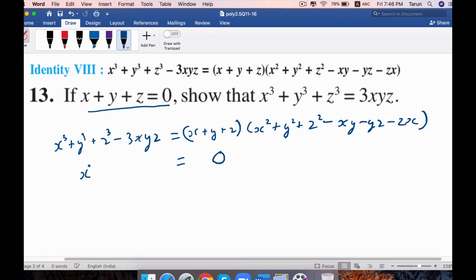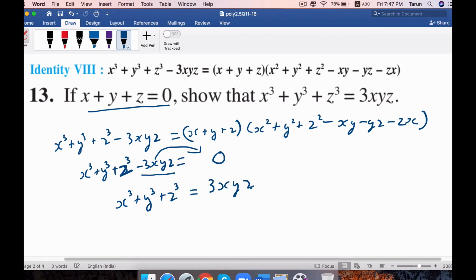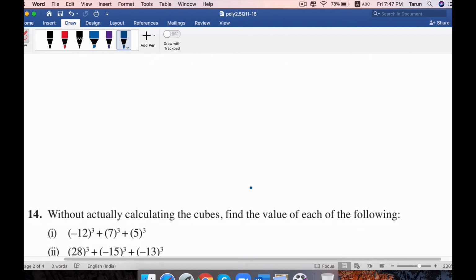Then I will be left with x cube plus y cube plus z cube minus 3xyz. This is subtracting over here. On the other side, when I transpose it, it will become positive. So I will be left with x cube plus y cube plus z cube is equal to 3xyz. That's it for question 13.